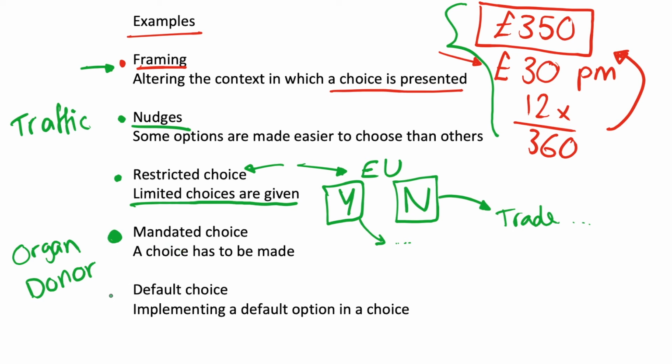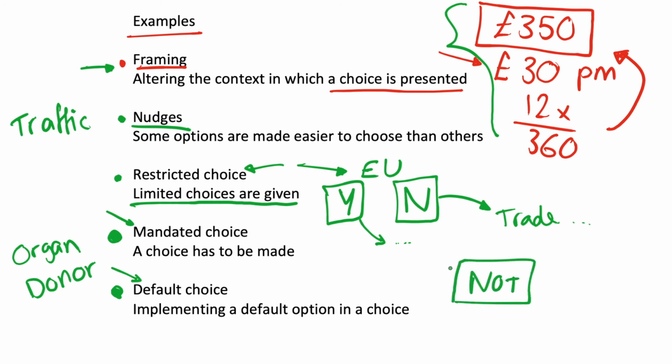So this sort of links into the default choice, which is my final example of a piece of choice architecture. And because we have a mandated choice, we do tend to also have a default option in this organ donor example, where you have a default option in a choice. So the default option, say in the UK, is that by default you are not an organ donor.